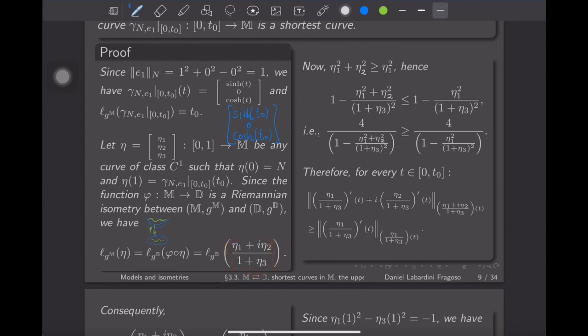Recall that this is a function from 0 to the disk. This is the function phi preceded by eta. And I'm going to take the derivative of this as a function from R to R2.